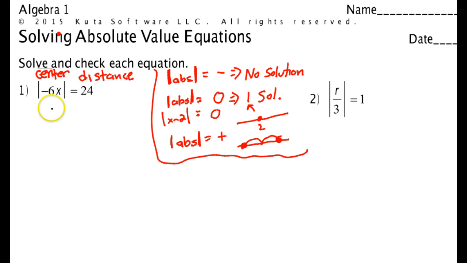So our goal is to get to absolute value equal to a distance, so center equal to a distance, and then break it up. One of them is positive, one of them is negative. Notice how the center value does not change. We're not doing positive 6 or anything. It's just that one's to the right, one's to the left, so one's positive 24, one's negative 24.